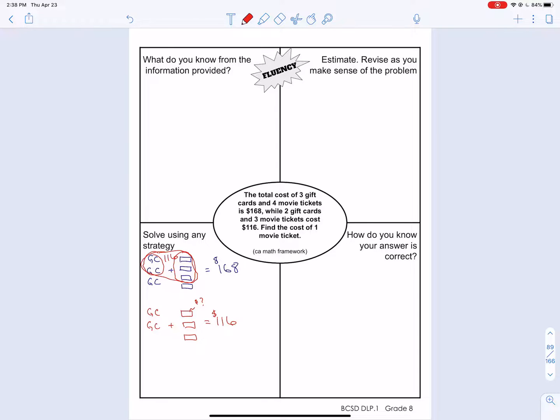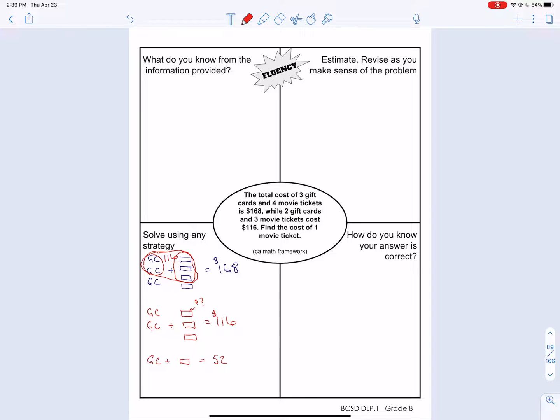So what's the difference between 168 and 116? If we subtract, 168 minus 116, we get $52. So $52 is the price for 1 gift card and 1 ticket, right?